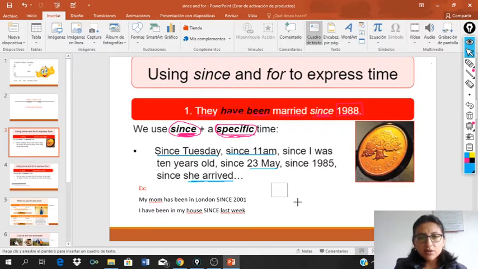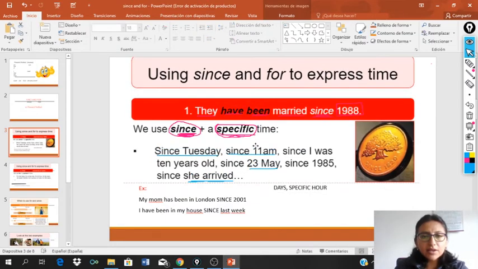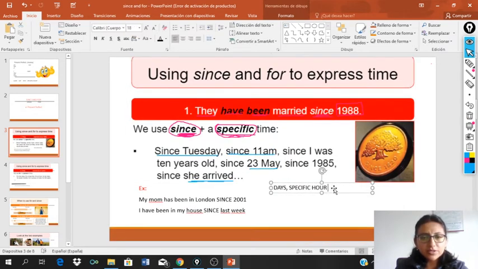We use since with what? With days, with specific hours. For example, in this case, 11 a.m., 12 a.m., 2 p.m., or specific hours, okay? What else? With specific dates.